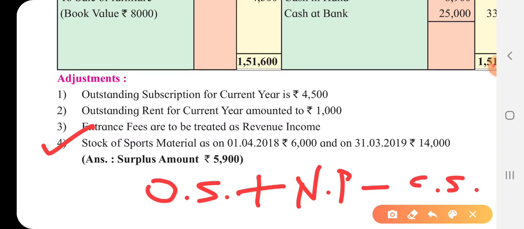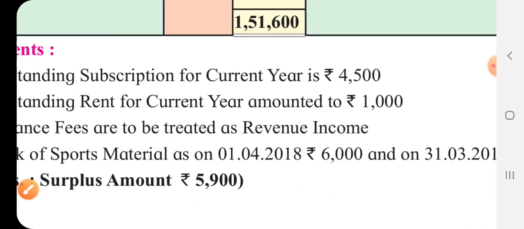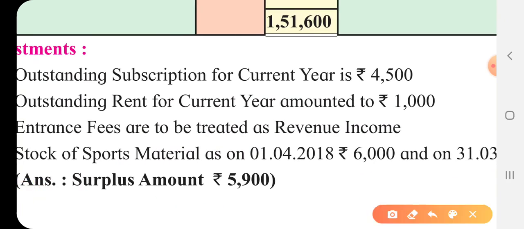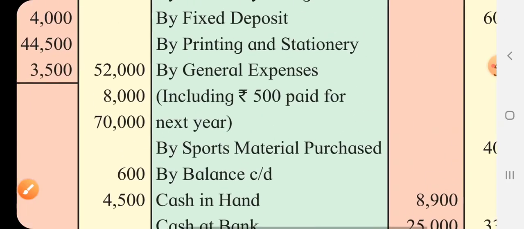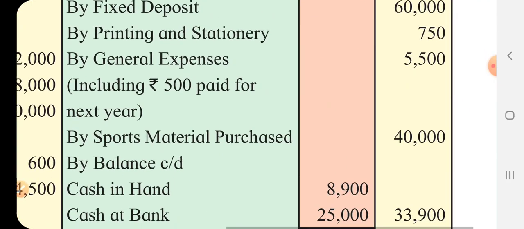And we already have studied such kind of adjustments in the previous illustrations, isn't it? So the point is, the opening stock will be debited to the income and expenditure account, then new purchases of sports material will be added to the opening stock. Here it is rupees 40,000.